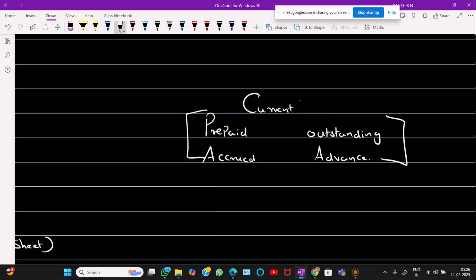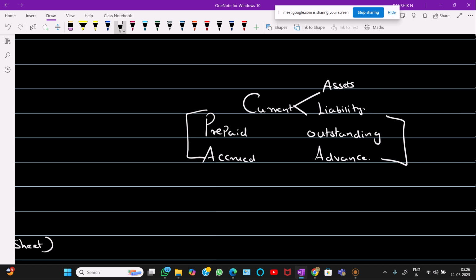Now you should understand whether each is an asset or a liability, because current could be a current asset or a current liability.